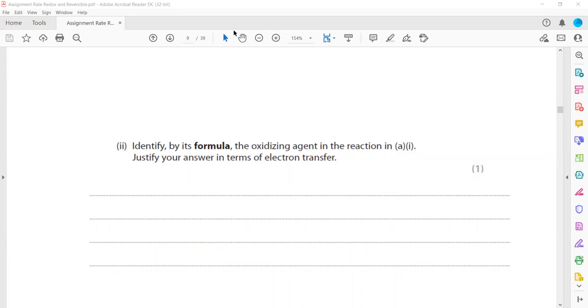So you can mention the IO3 ion, or the original compound, because basically this was formed when we had sodium iodate. The sodium iodate decomposes into sodium ion and iodate ion, and this iodate ion is reacting with the iodide ion. So it is acceptable if you write the IO3 iodate ion, or you write sodium iodate; both refer to the oxidizing agent.